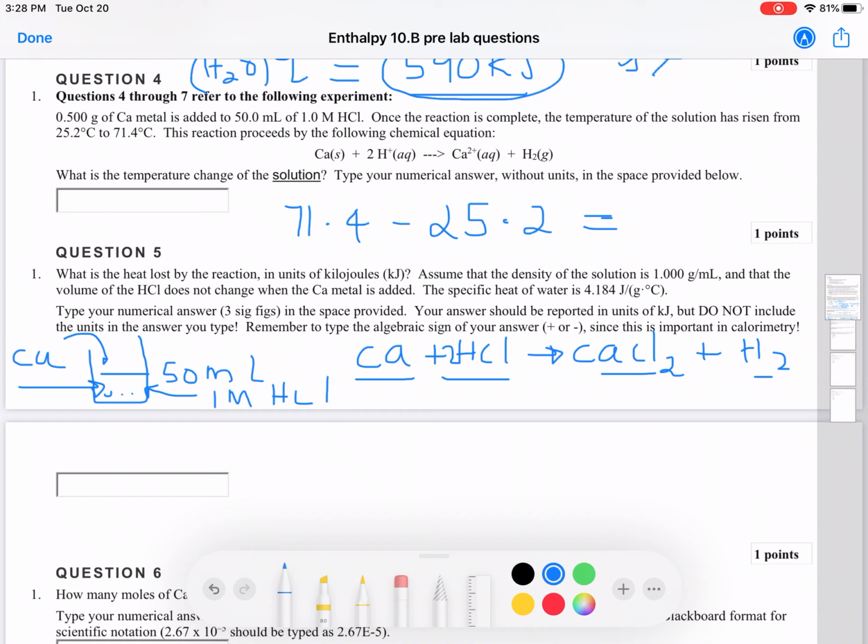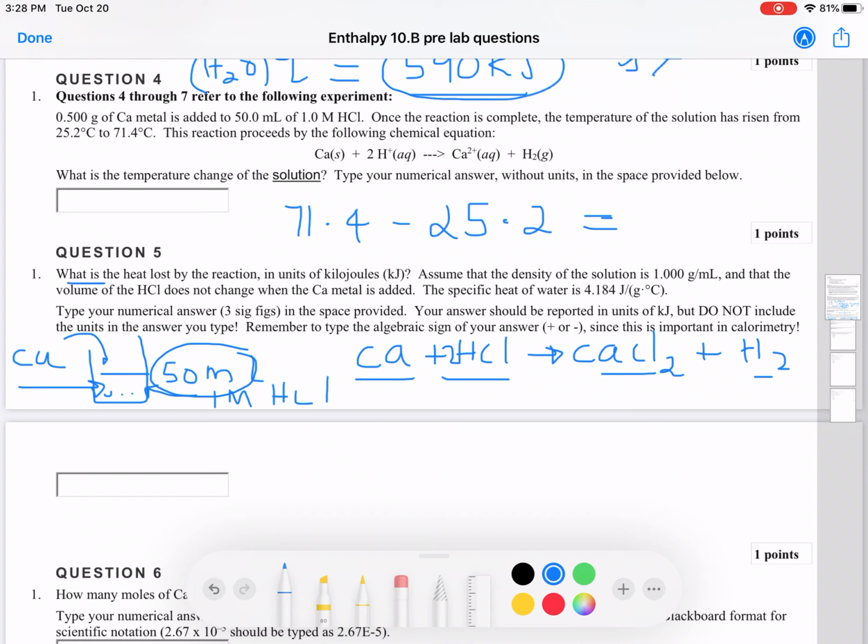When this reaction is taking place, it is going to release heat, and this heat is being absorbed by the water, because HCl is not all by itself, it is HCl plus water, in this 50 milliliters. So heat is being gained by the water in this hydrochloric acid, and heat is lost by this particular reaction, calcium plus hydrochloric acid giving you calcium chloride and hydrogen gas.